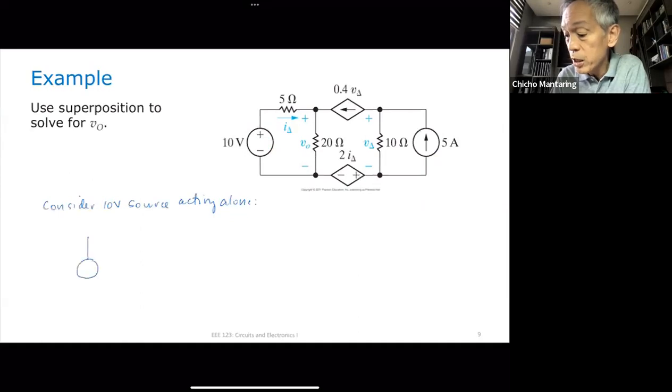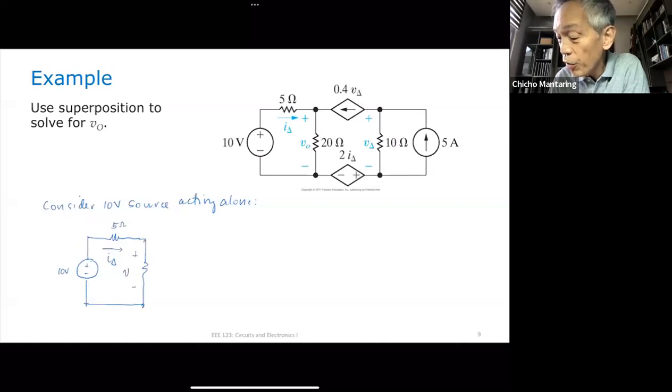I have my 10-volt source. This is 5 ohms. This is going to be I delta. I need that because this dependent voltage source relies on the value of that I delta. Now, let me call this V sub O A, the value of V sub O with the 10-volt source acting alone.